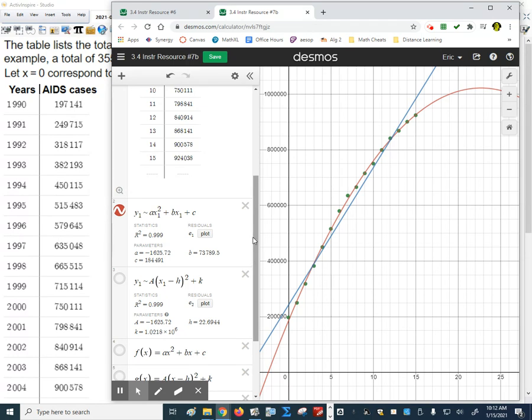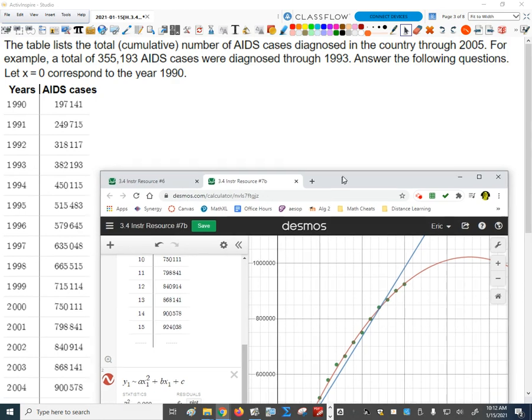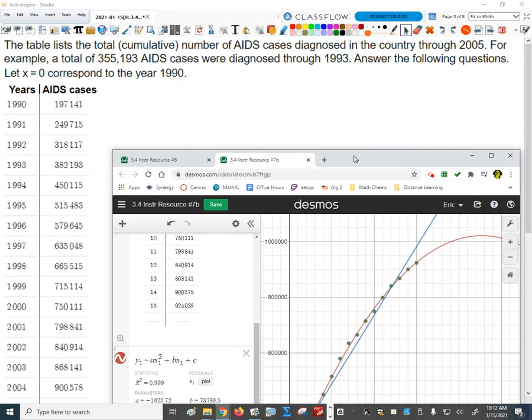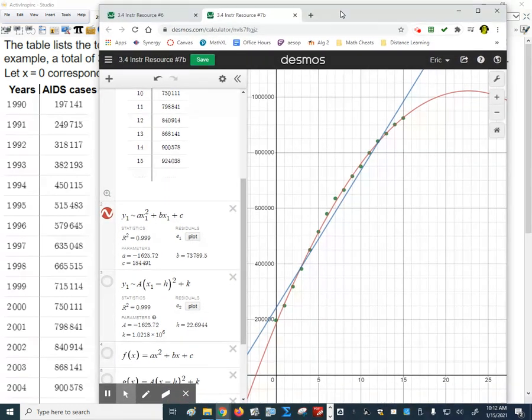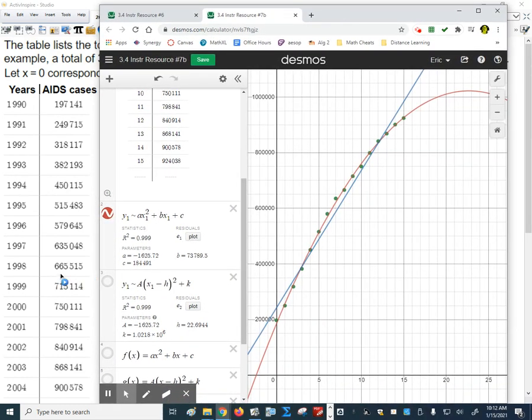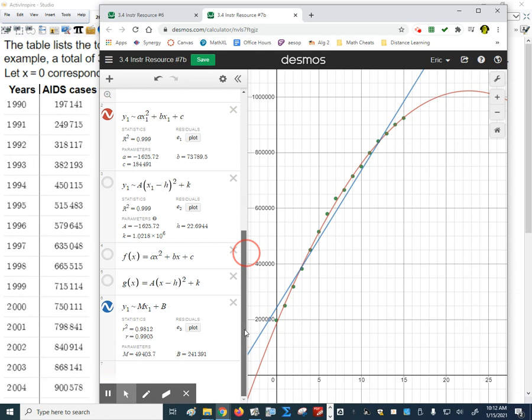All right. If I wanted to make an approximation, what are we trying to do here? I didn't even put the question on there. But if I wanted to make a good guess, even an internal guess, like for the year 2000, that would be year 10, since I'm counting the number of years since 1990.